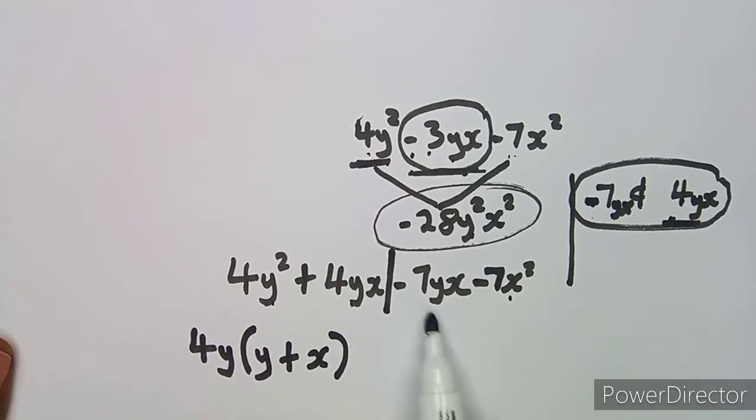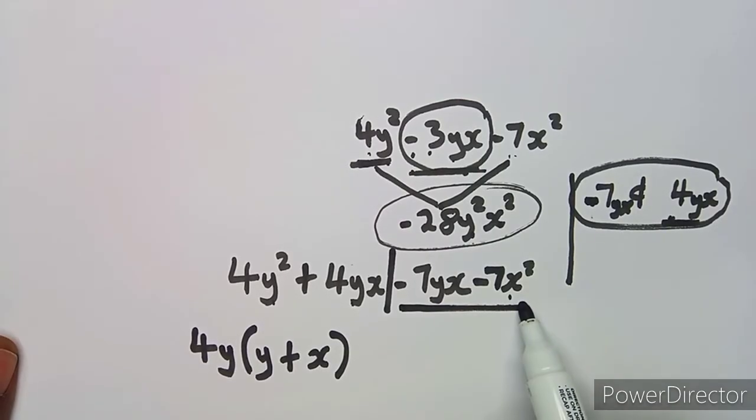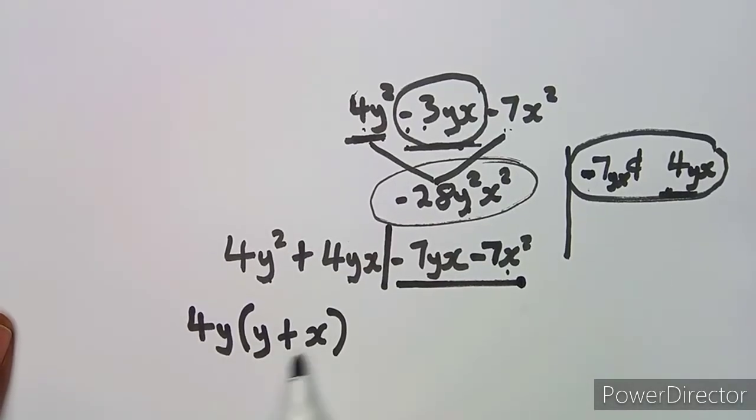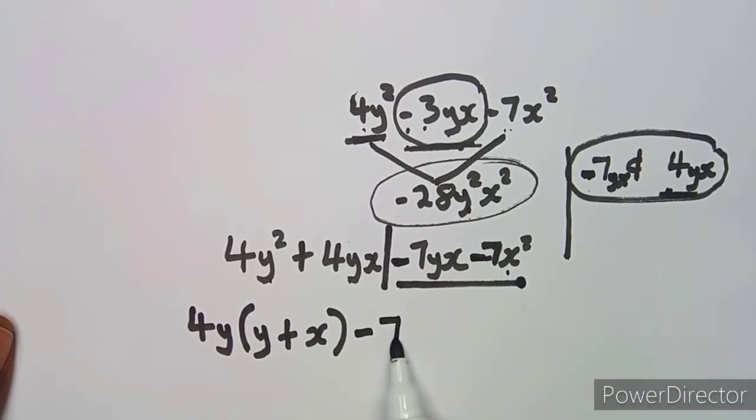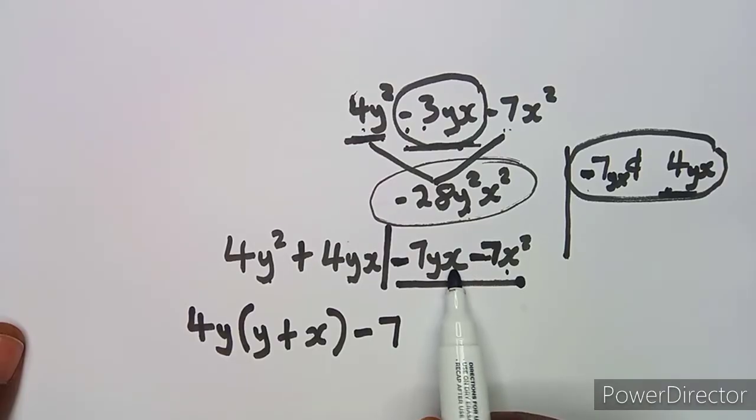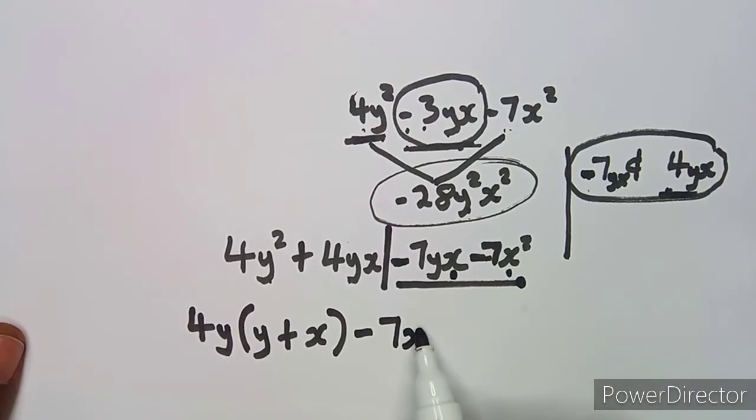Now you have to factor out from these two terms a common factor which will make these two brackets be the same. So what is common? Let's start with the numbers, minus 7, minus 7. So we have to factor out minus 7. We have got x and x here, so we're going to factor out x, the one with the smallest exponent. That is our highest common factor there.